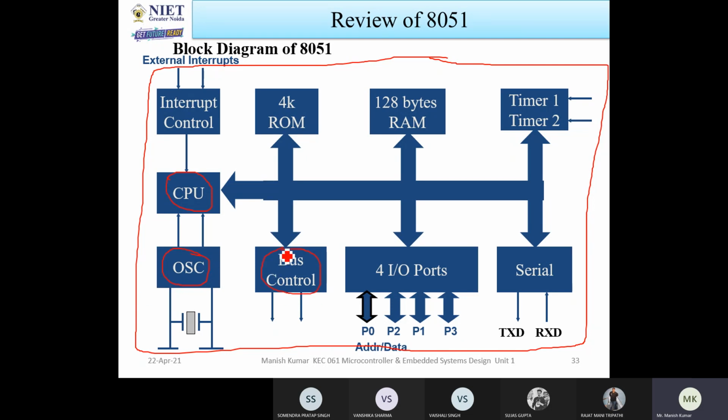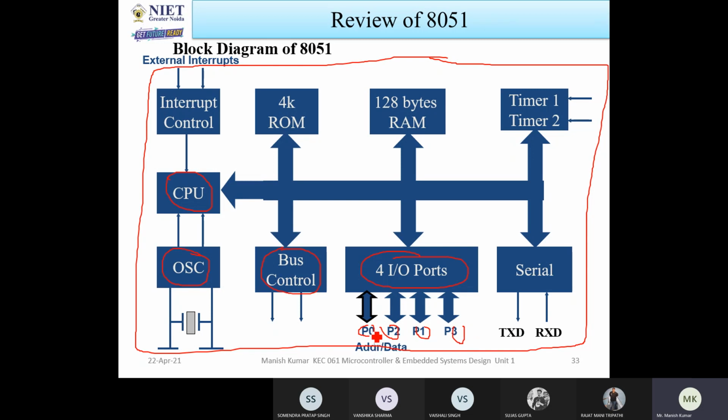Next is the bus control. If you want to transmit data, you can use it. Or let us consider you have connected any device with this controller, then you can control that device by this bus. There are 4 input output ports available, named P0, P2, P1, P3.